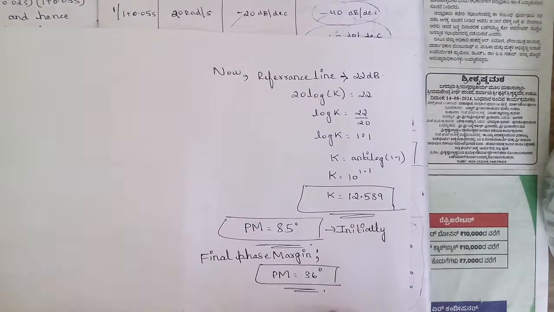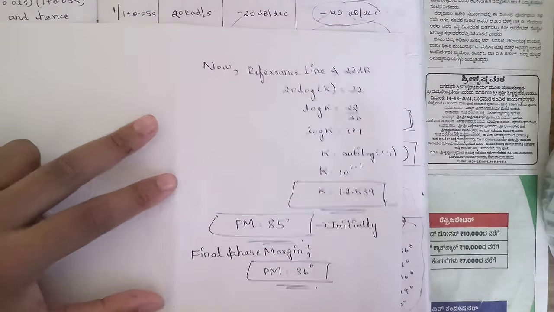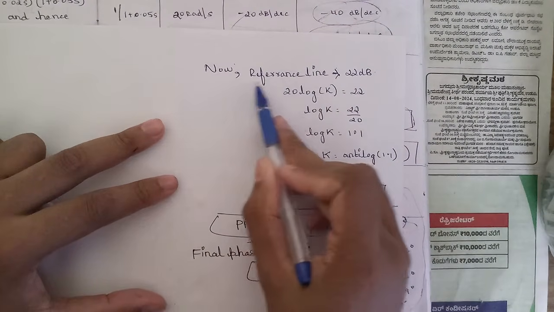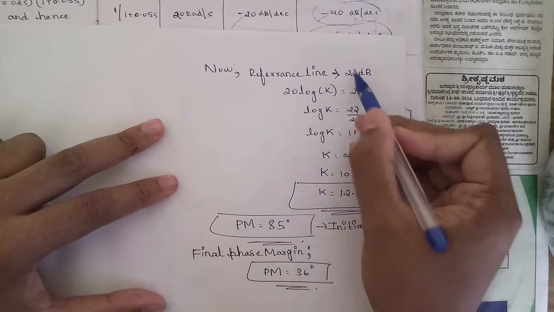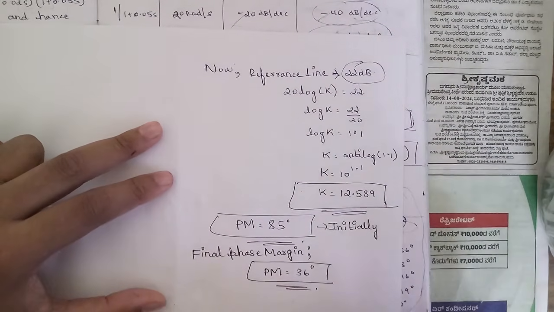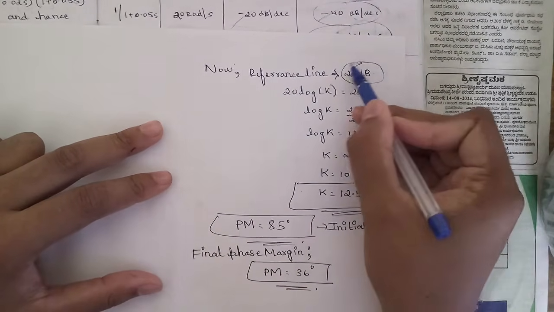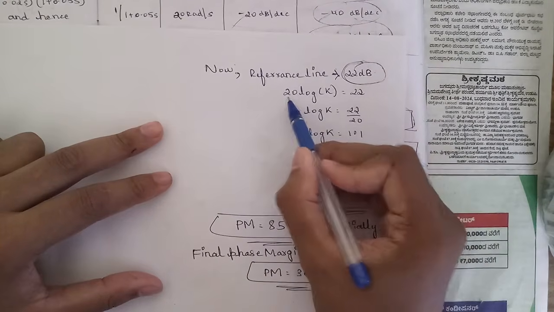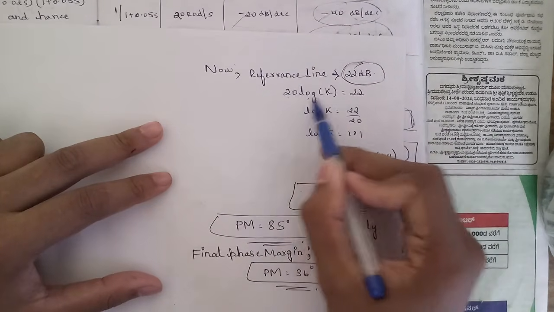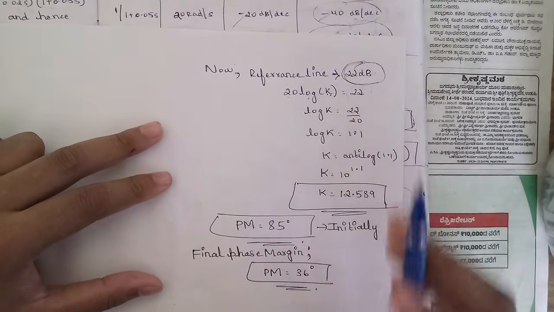Now they have told us to find the value of k, right? The reference line we have drawn starts at 22 dB, as you have seen in the question. So how do we get this 22 dB? By 20 log k, right? 20 log k is equal to 22 dB, that is the reference line.